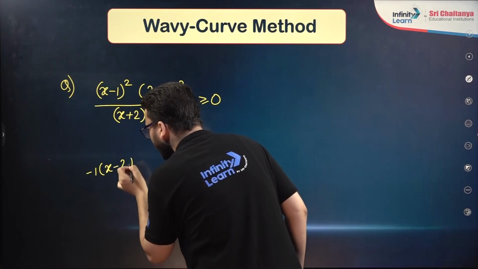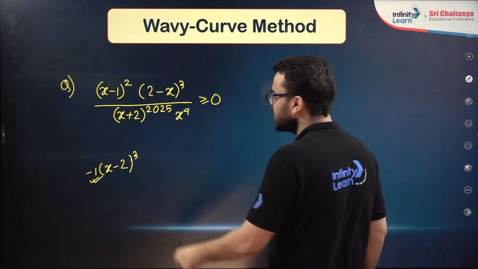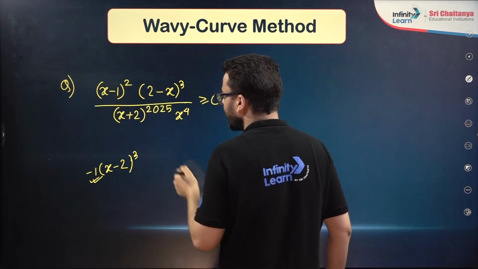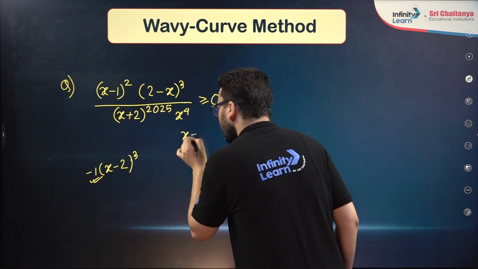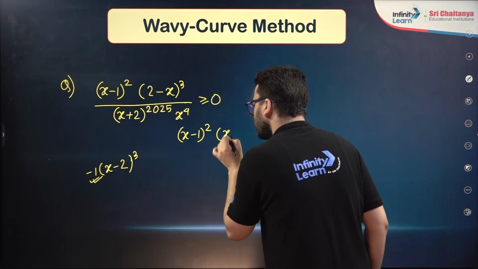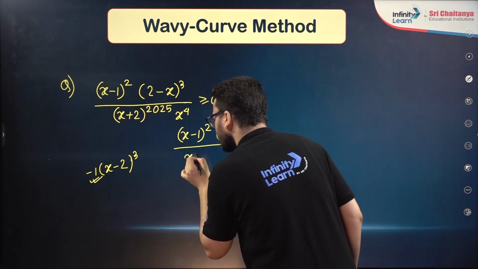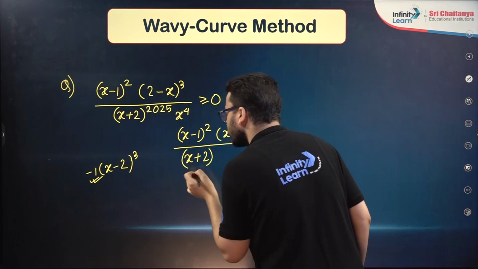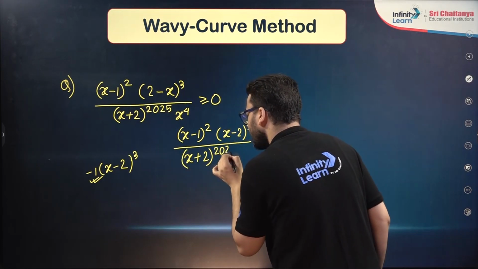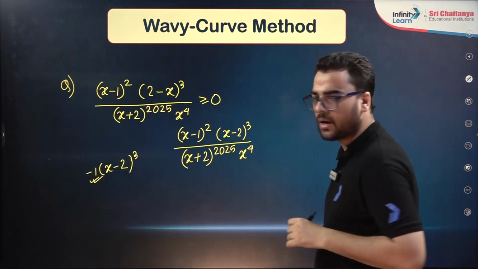And then if you are cubing it, minus 1 cubed is minus 1 only. So basically minus 1 is hidden there. So basically it is (x minus 1) whole squared, and this is (x minus 2) whole cubed, and in the denominator it is (x plus 2) raised to the power 2025, and then this is x raised to the power 4. I hope that is clear.